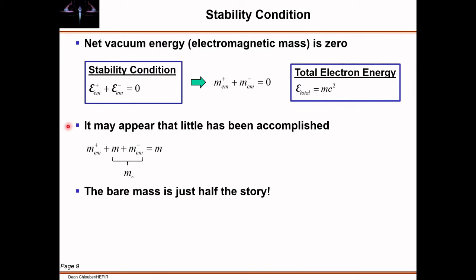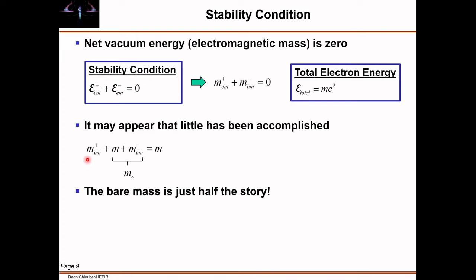And it may appear that little has been accomplished, since we can simply add the physical mass m to both sides of the equation and identify the bare mass as m plus a mass deficit, MEM minus. But we could have just as well associated m with the electromagnetic mass.